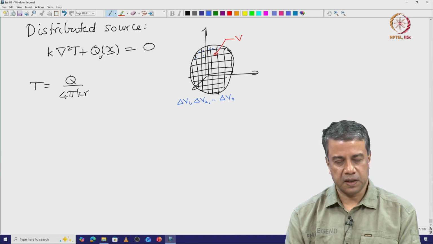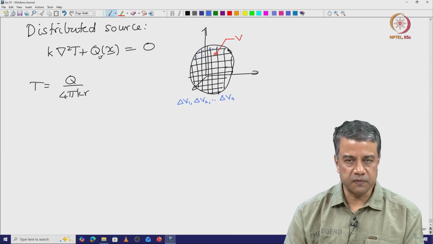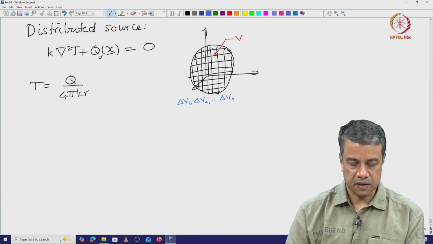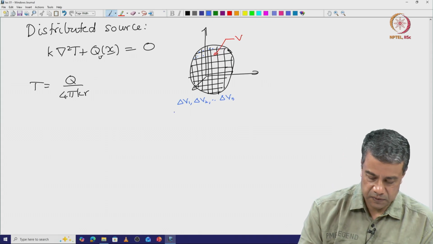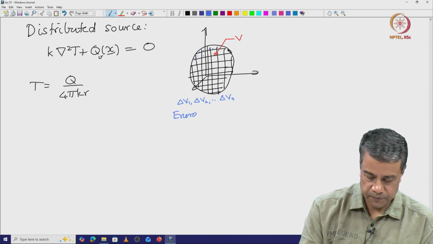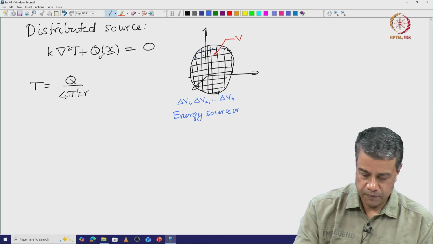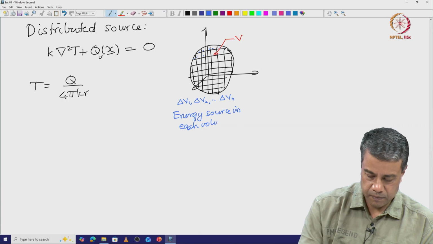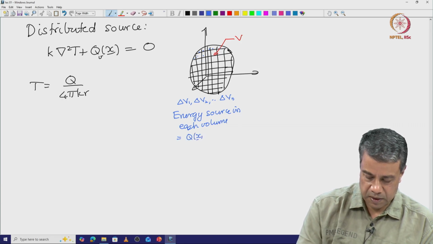Since these are infinitesimal volumes, I can consider the energy source in each volume to be equal to Q at x1 prime delta V1.